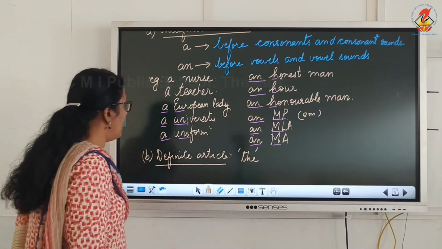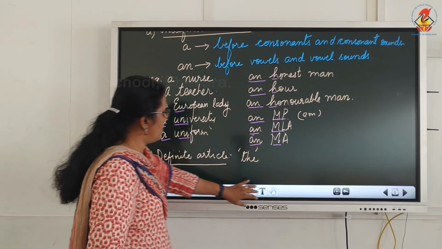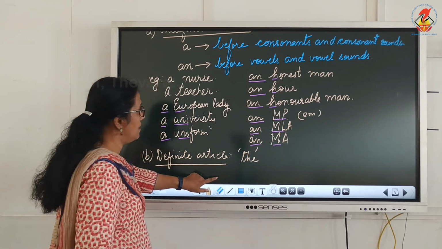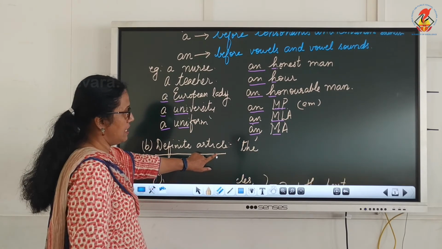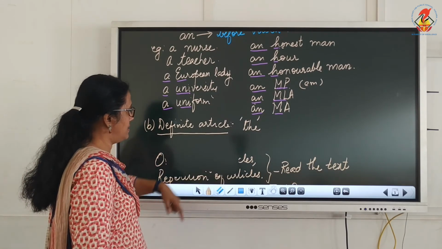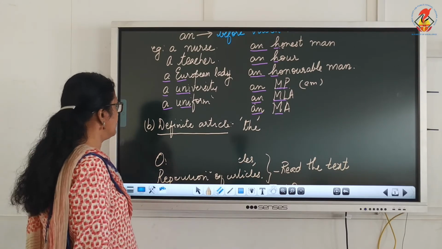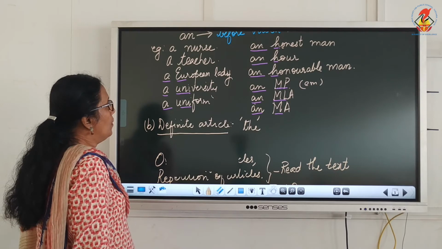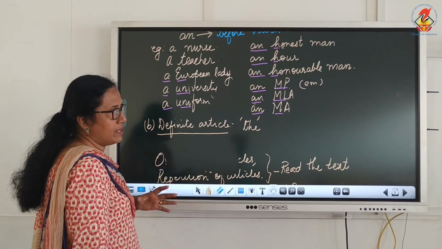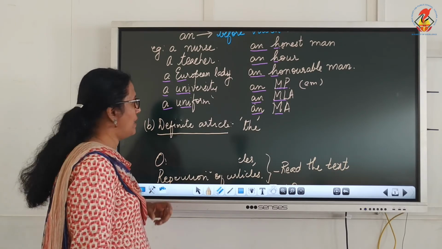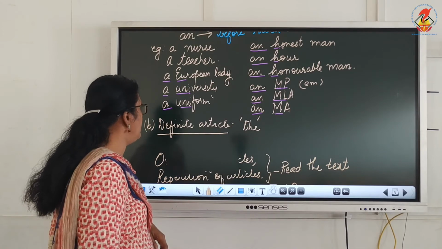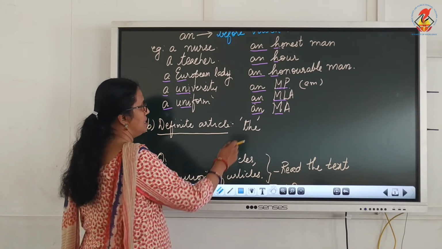So now when you are moving on to the next one, we have the definite article. Now as the word suggests, definite, we are talking about something which we are sure of, and so that time here we will be using the article the.